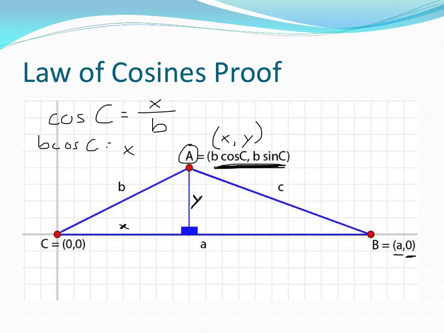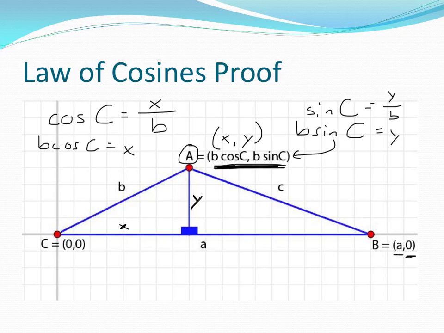And so you notice the x-coordinate on the diagram is b cosine of angle C. We could do the same thing for the sine of angle C. That's equal to y over b. So y is equal to b times the sine of angle C, and that value is plugged into that ordered pair as well.